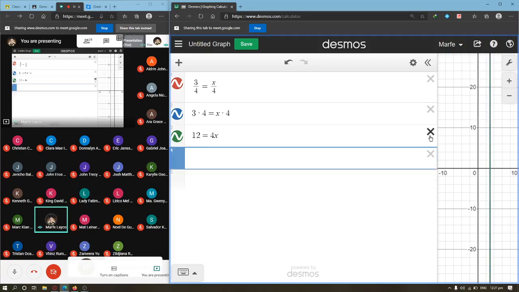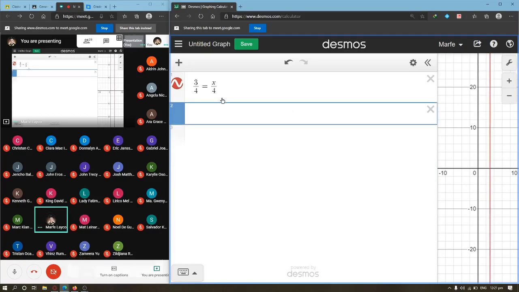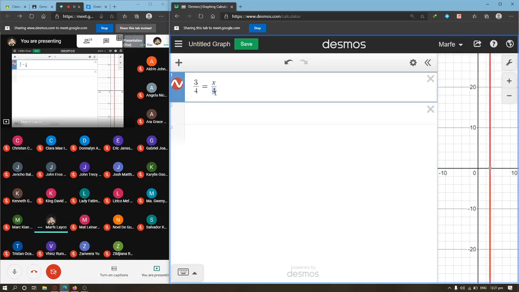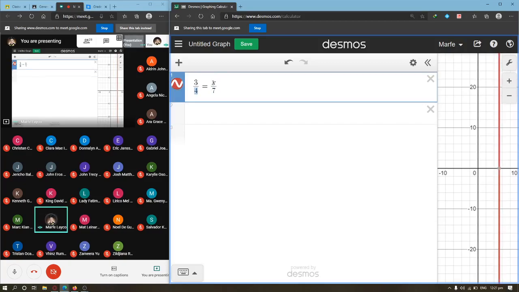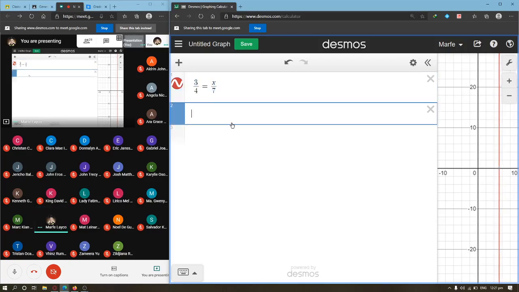So, what if hindi naman parehas yung ating equation? If it is, sabihin na natin 7. So, ganun lang din. Madalas ang ginagawa ko, 4 multiplied by x equal to 3 multiplied by 7.